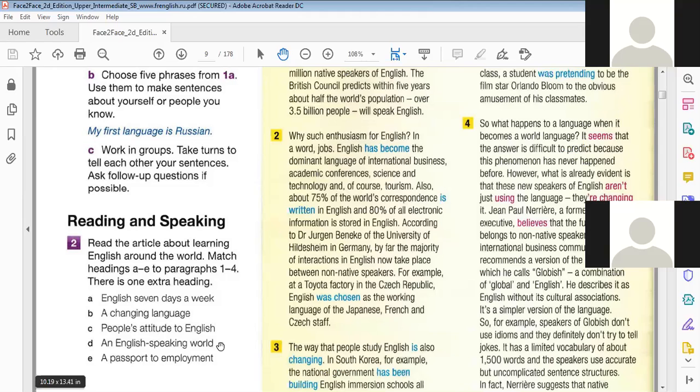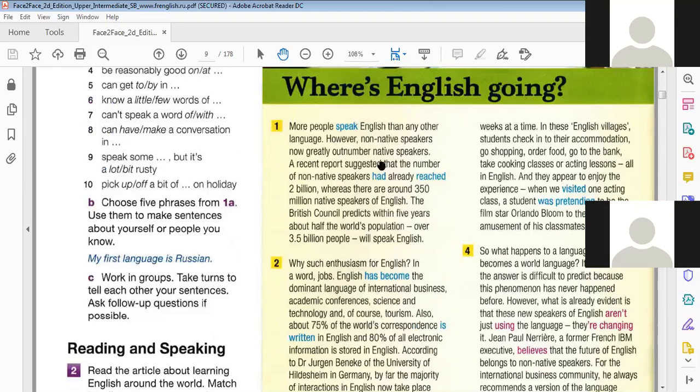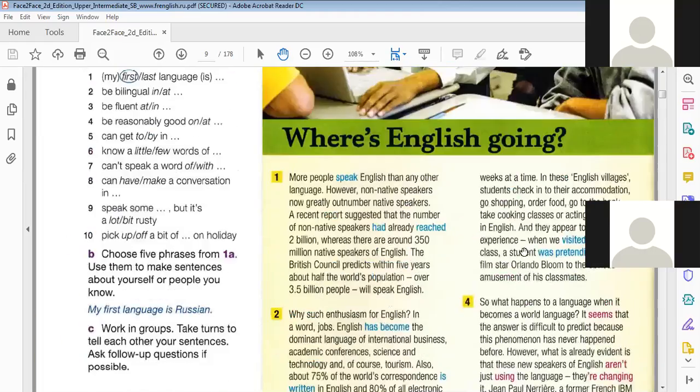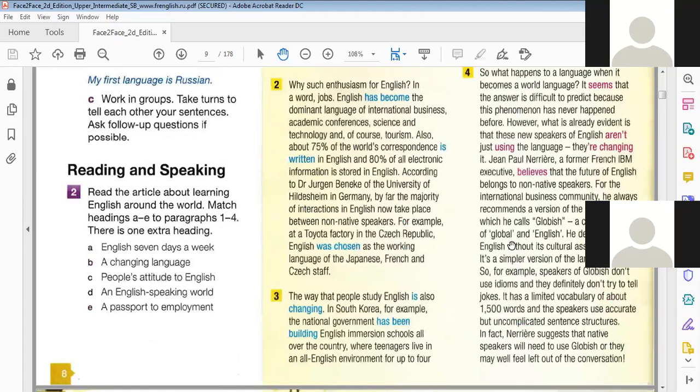We have these 5 headings and we need to match them to the 4 paragraphs in the article. So we actually have 4 paragraphs, 1, 2, 3, and 4. But here's the trick: we have 5 headings.